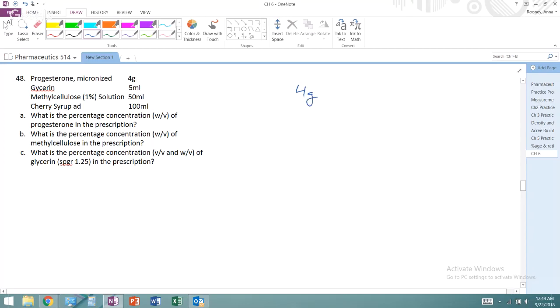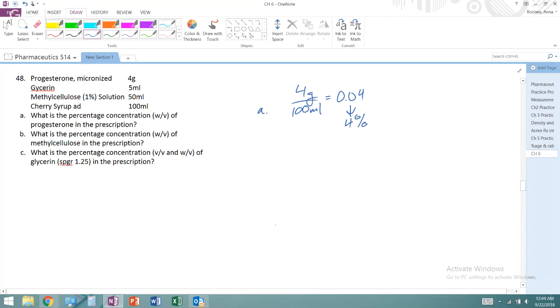We have 4 grams divided by 100 milliliters, so that equals 0.04, which is 4%. So that is part A.